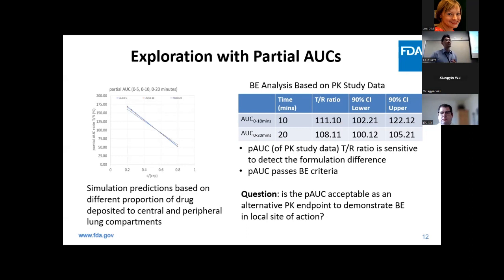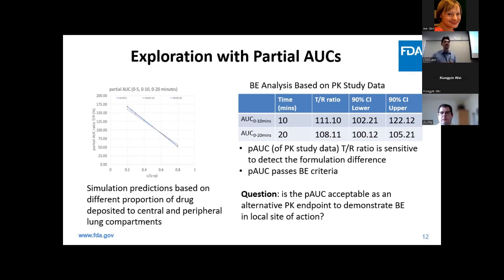So we are encouraging people to provide information. At the moment, the FDA is looking at how the partial AUC can be used and what kind of information can be used. If you have any questions or information, the FDA encourages you to submit to us in a pre-ANDA meeting, as Rob mentioned yesterday in his keynote speech, and contact us.